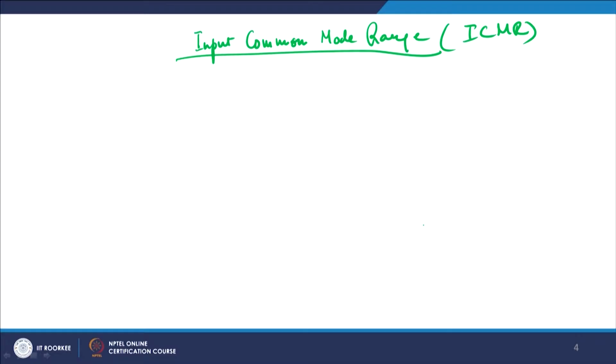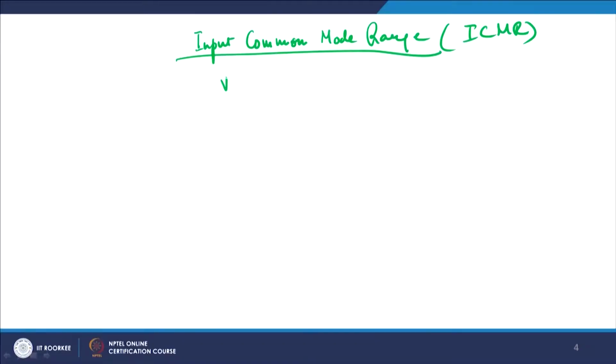ICMR basically tells me what should be the maximum input range to ensure that the transistor you are working with is actually working in the active region and not going to cutoff. You have to be very careful that you do not let the transistor go into saturation directly, but from the active region it goes to the saturation to the cutoff region and vice versa.